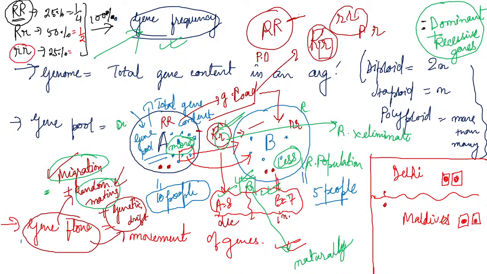And small r, small r is holding a gene frequency of 25%, which is again 1/4 of the total population. So gene frequency is the proportion of any allele of a character out of the total alleles of that character in a population. Out of the total alleles, how much a particular character has depends on the gene frequency. Clear? We can also calculate frequency.